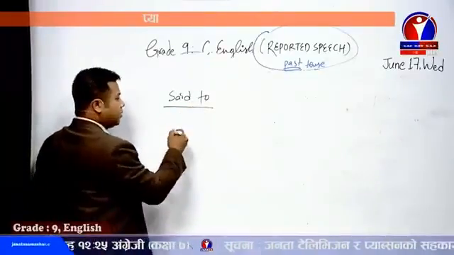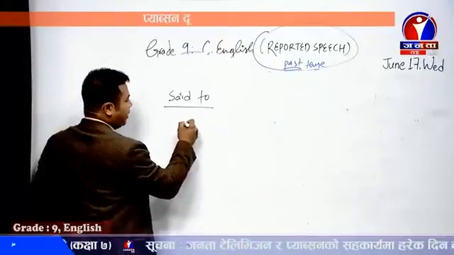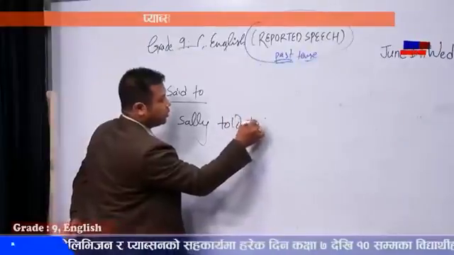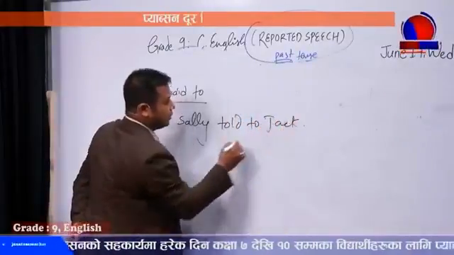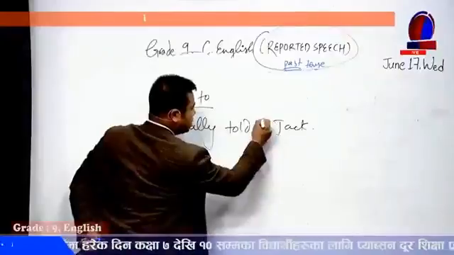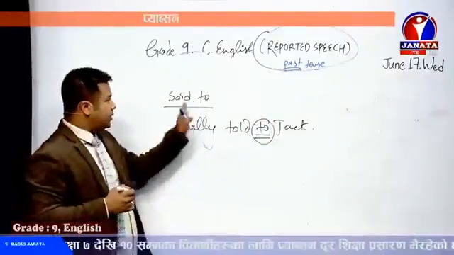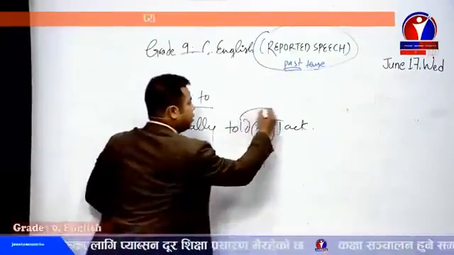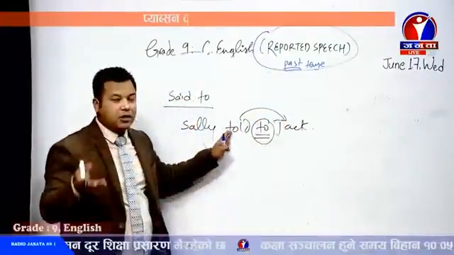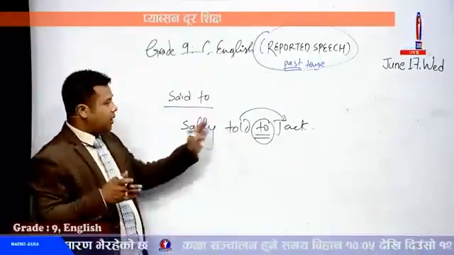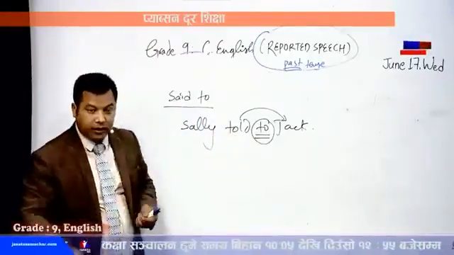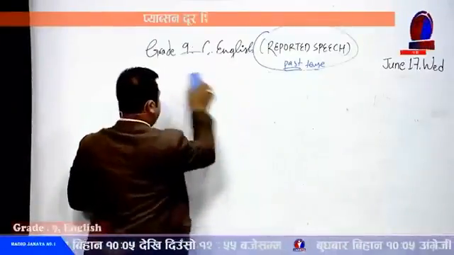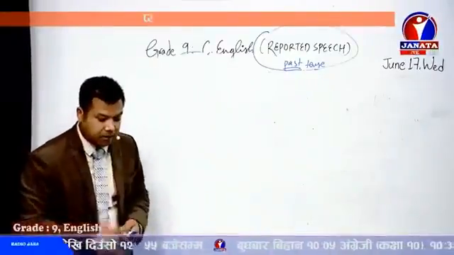But many students write something like, Sally told to Jack. We do not use to with told. Sally said to Jack is used, but Sally told Jack directly. Sally asked Jack. We don't use Sally asked to and Sally told to. This is where many people make mistakes. So I have just reminded you of not making this in your examples.